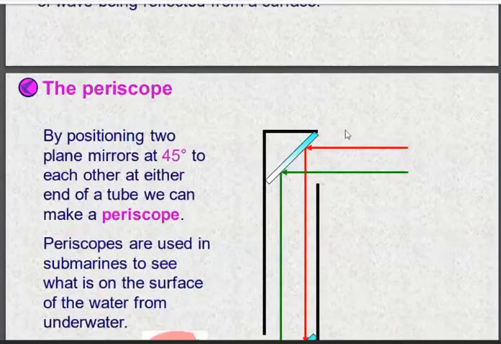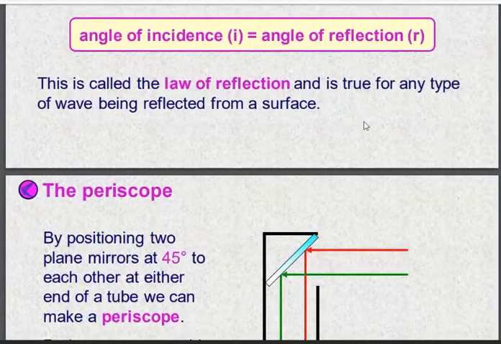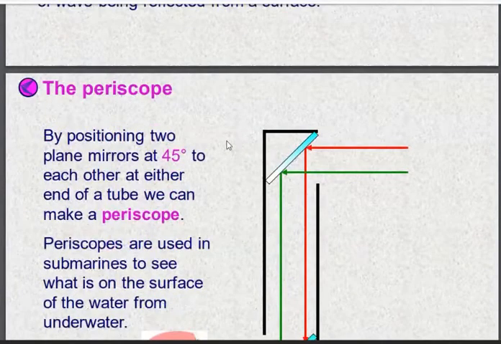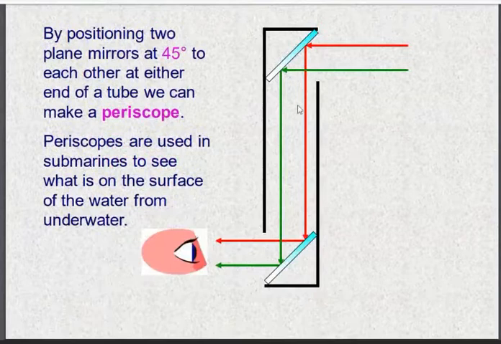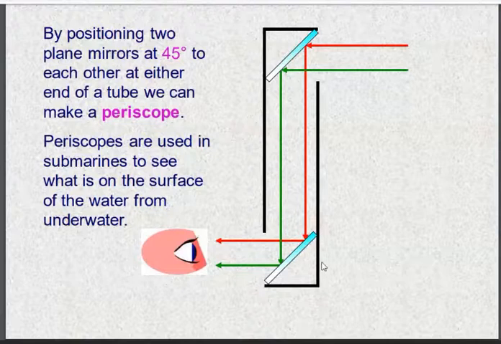On the basis of reflection from the plane mirror, we can develop a device which is called a periscope. A periscope consists of two plane mirrors inclined at 45 degrees at the ends of a hollow pipe.